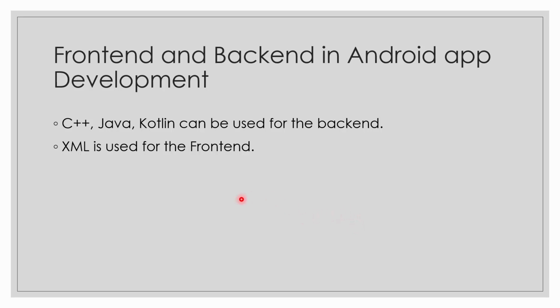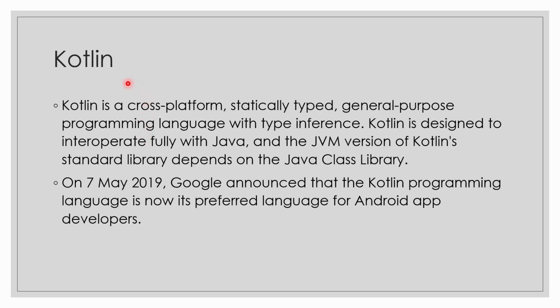So what is front end and back end in Android app development? The languages used: I'm mainly talking about C++, Java and Kotlin can be used for the backend part, and XML is used for the front end part in Android app development. We will use Kotlin in this training.